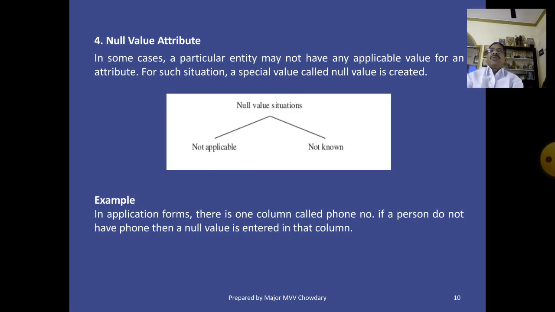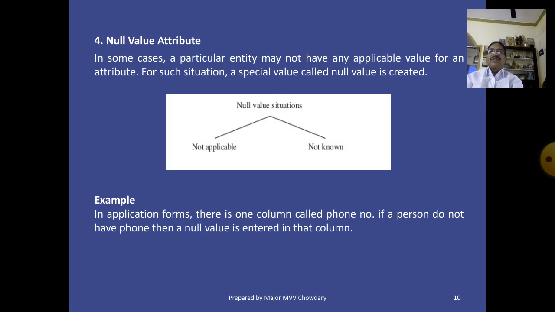Null value attribute. In some cases, a particular entity may not have any applicable value for an attribute. For such a situation, a special value called null value is created.